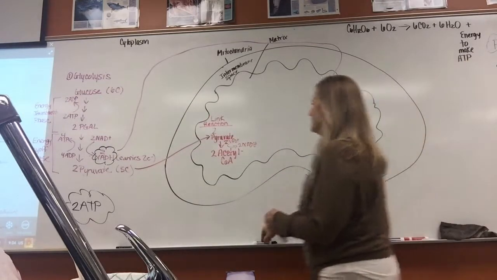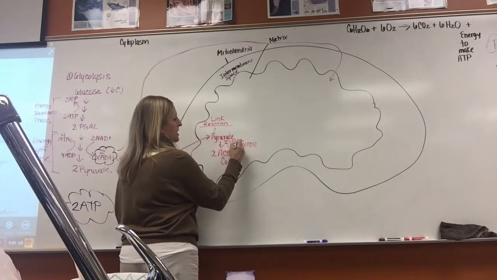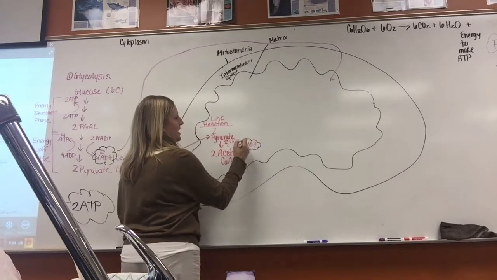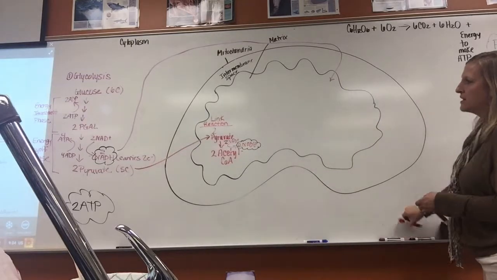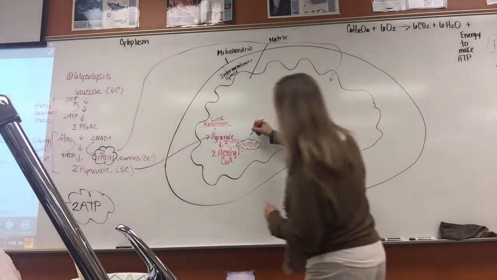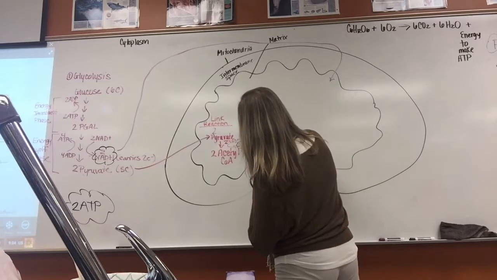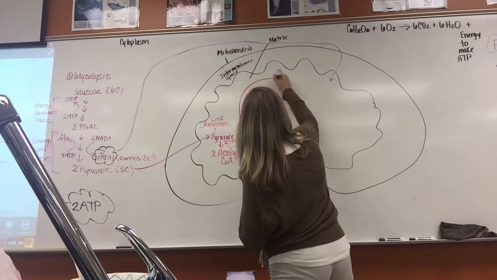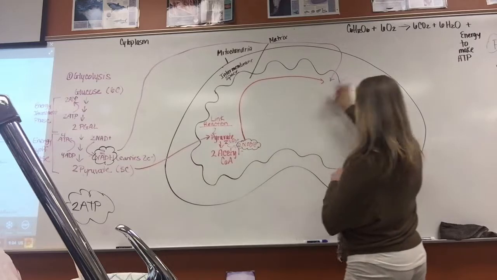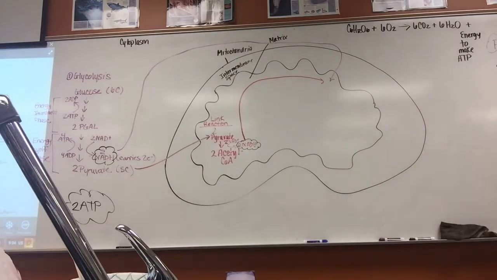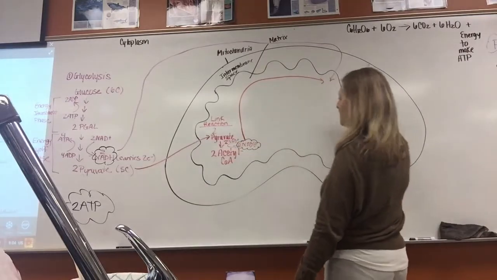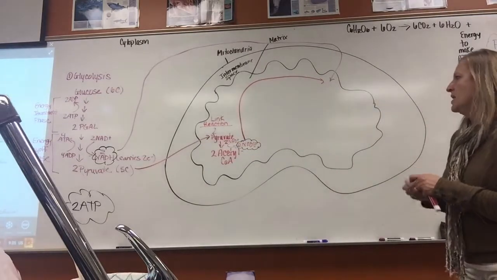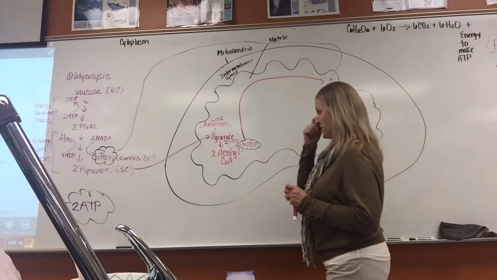And I'm going to put a little bubble around it again. An important product out of the link reaction. Because I'm going to draw some more here, I'm going to go ahead and put it up like this. We're going to draw some things with the electron transport chain here later. So this carries electrons. It's an electron carrier that's going to carry them to that 3rd step with the electron transport chain.